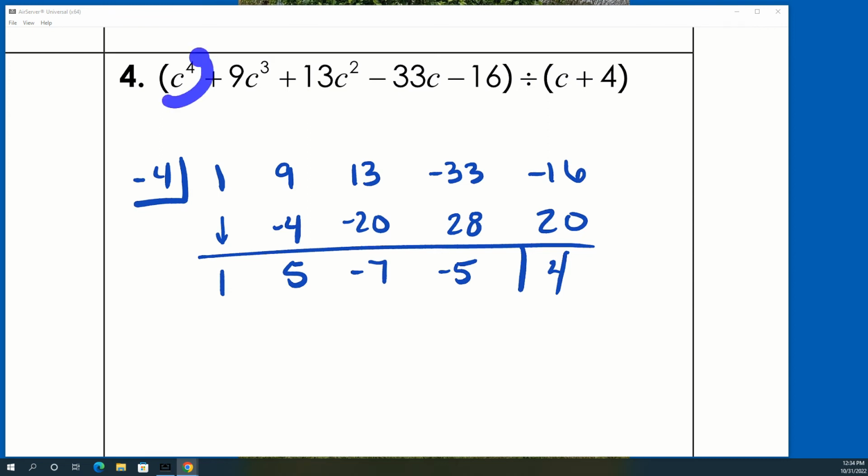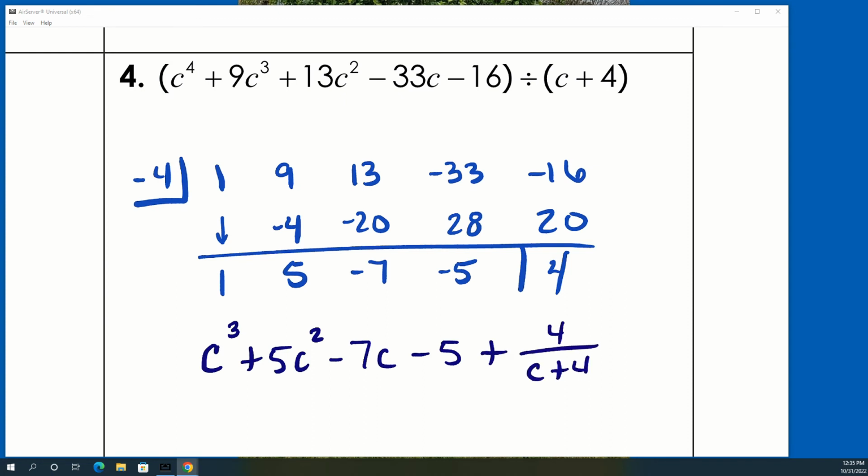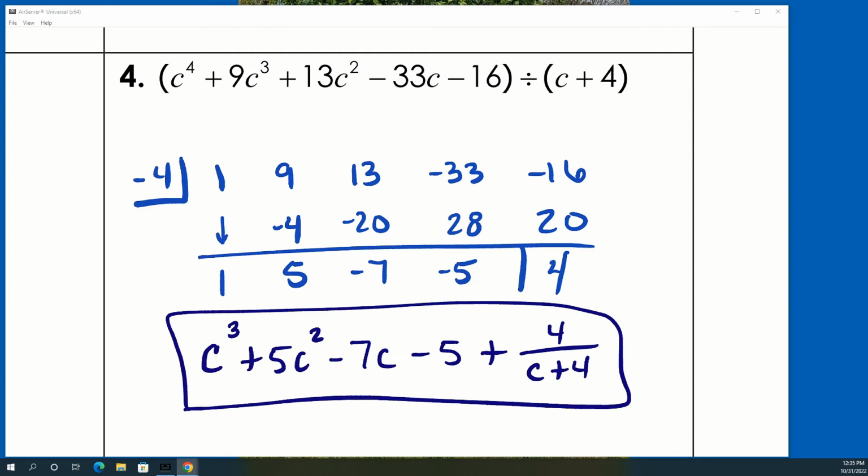So the original was c to the 4th, so this one needs to be c to the 3rd, and then the power is just going to go down each time. So then plus 5c to the 2nd, minus 7c, minus 5, and then plus the remainder over what you are dividing by. And that's the answer.